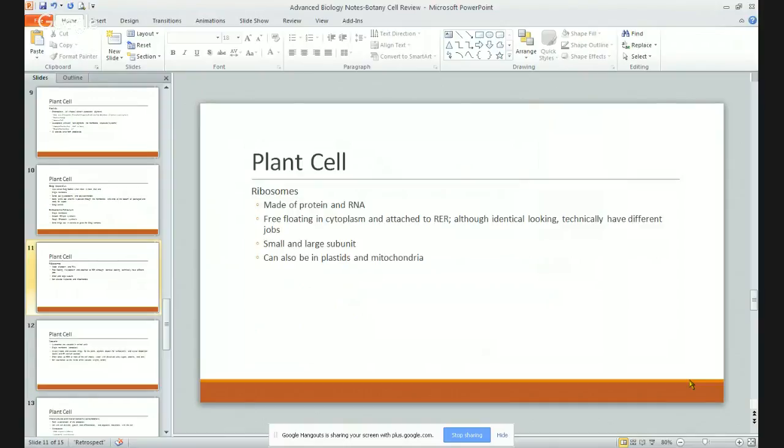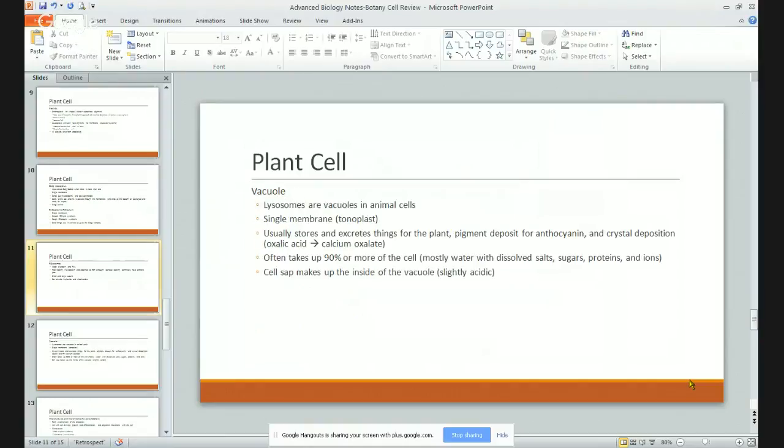Vacuoles are storage spaces in cells. Think of them like closets, I guess. Technically, your animal cells do have vacuoles.